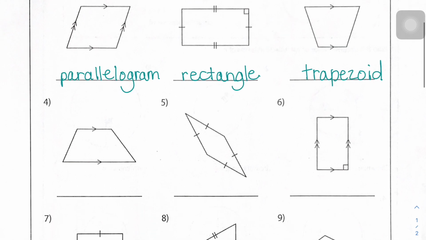Okay, and I see 1 pair of parallel lines again, so that's a trapezoid. Okay, now I've got 4 equal sides, no right angles, and opposite sides are parallel, so that is a rhombus.